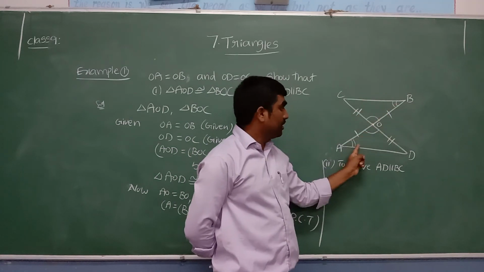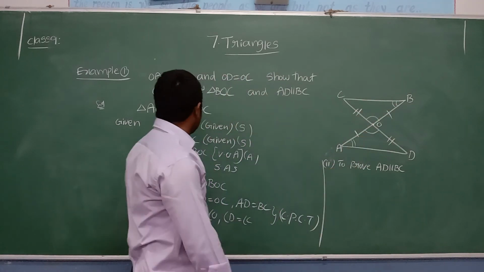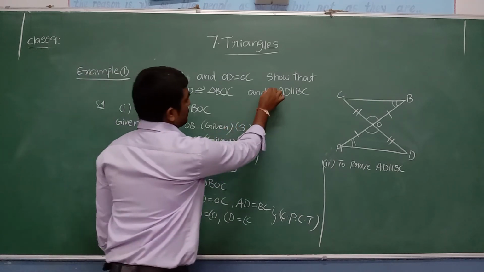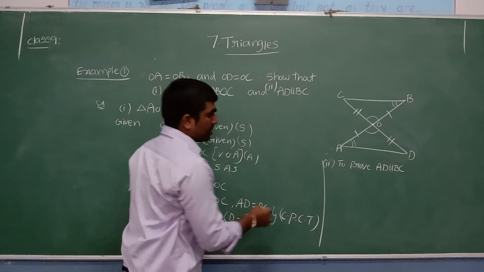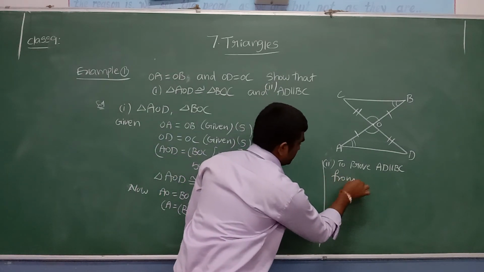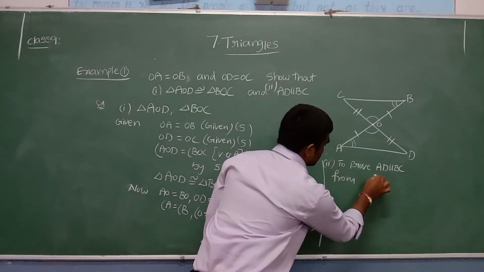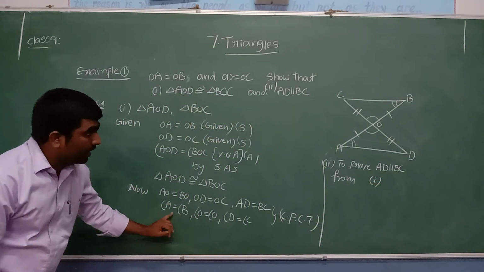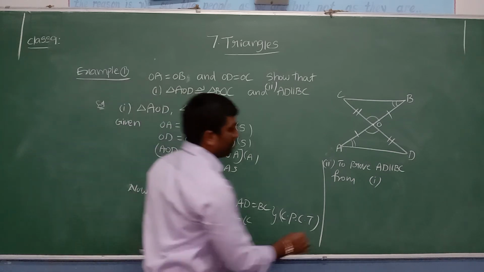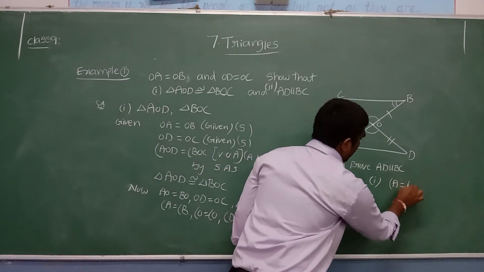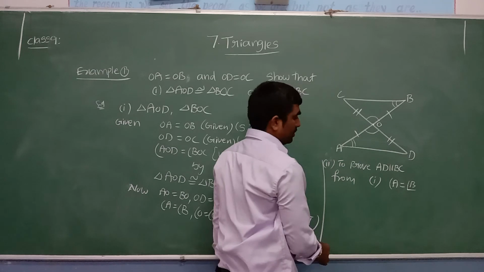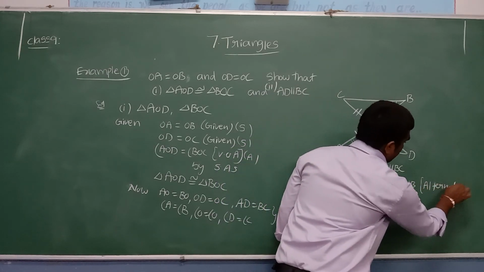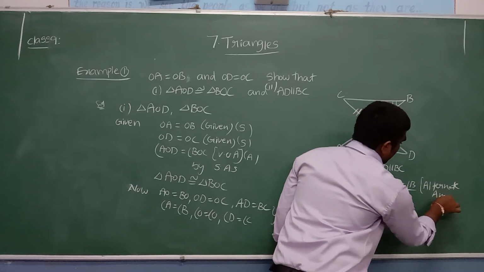The reason is alternate angles are equal. Let me take the first condition and then the second condition. From the first condition, we got angle A is equal to angle B. From one, angle A is equal to angle B, and these are alternate angles also.